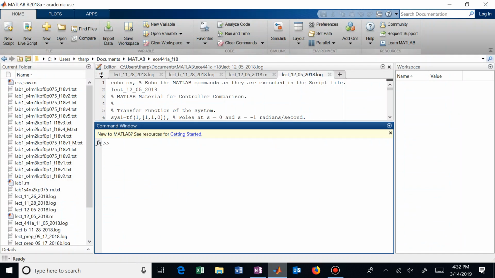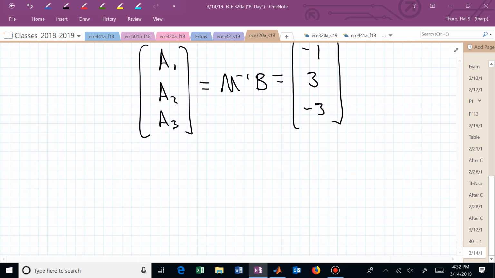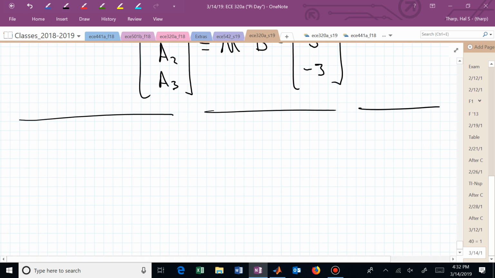I didn't use MATLAB, but it's open, ready to go, but it's too slow to do without a keyboard. But you can do it.